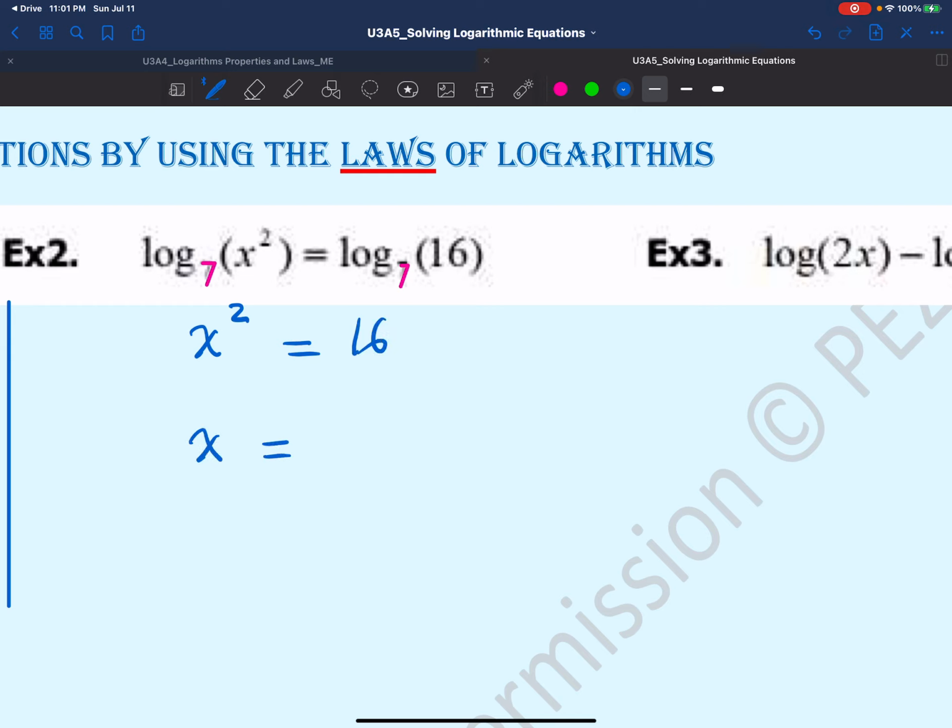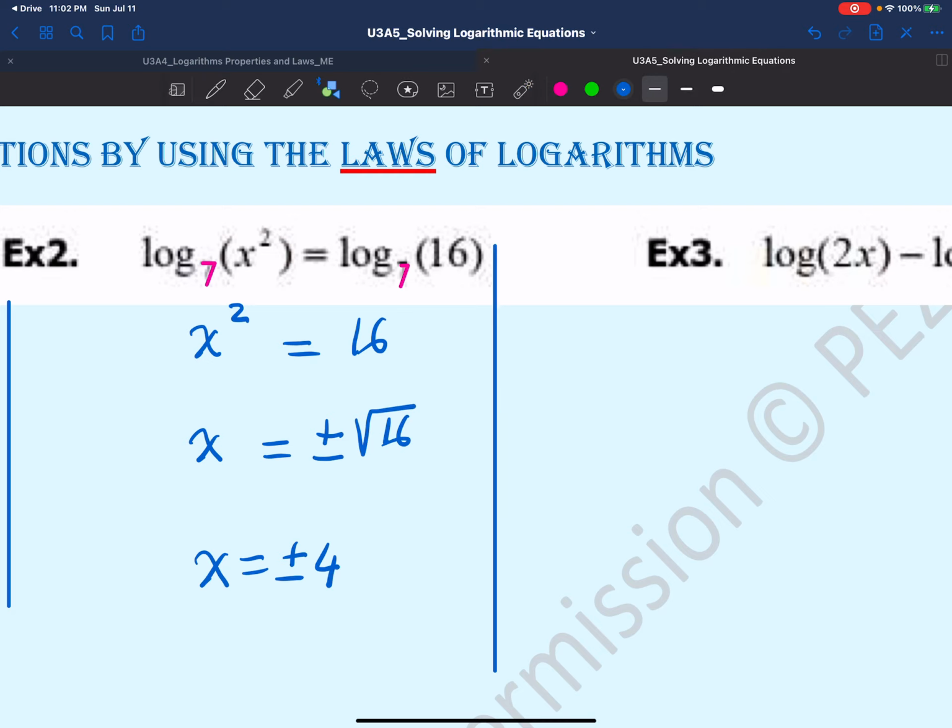Square root both sides, and we'll say that x equals plus or minus the root of 16, or x equals plus or minus 4. Normally, we wouldn't like to have a negative number inside the log, but in this case, because x is squared, x is allowed to be negative. It will again produce a positive number.